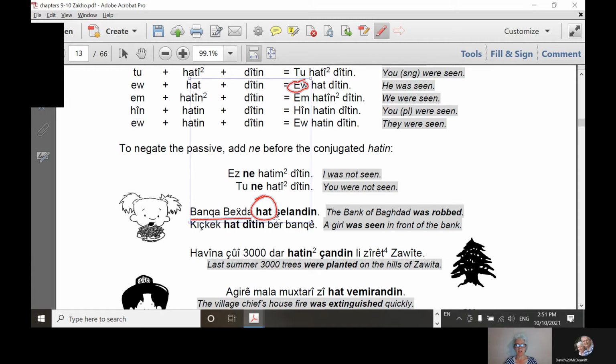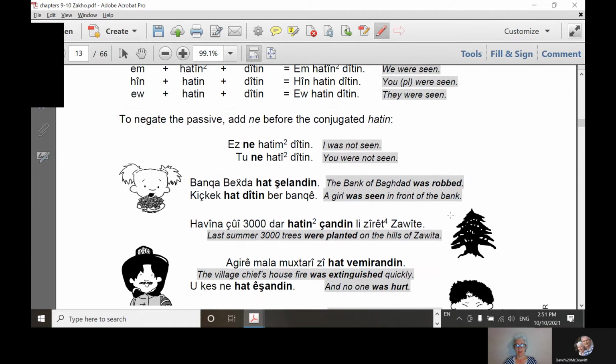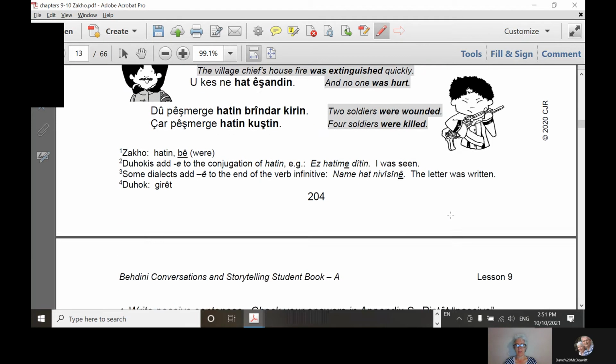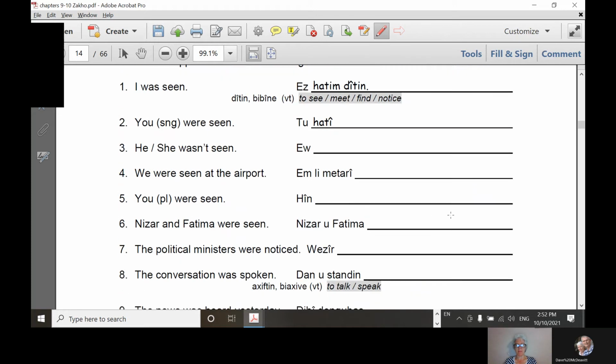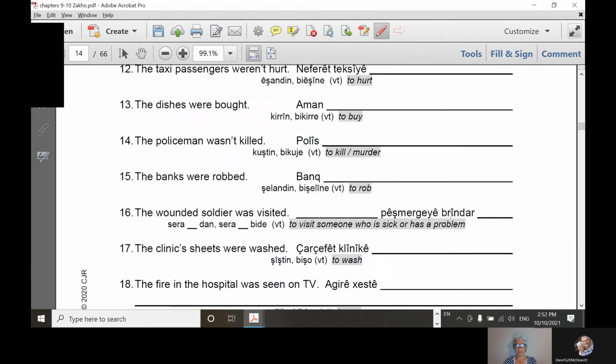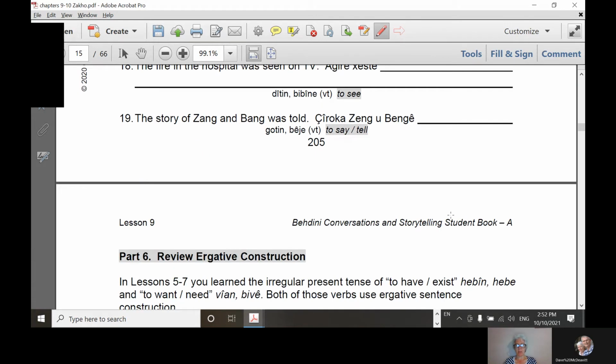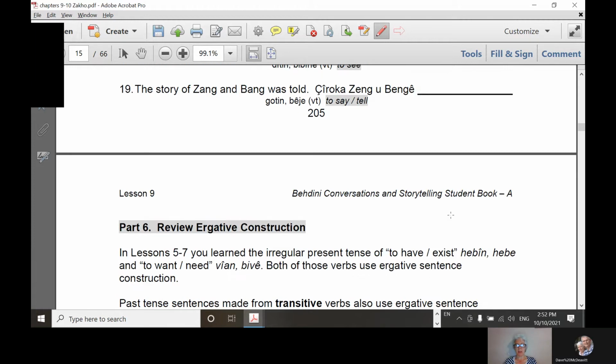And then Shalandin is the whole infinitive, which means to rob. You can look at these, think these through. On the next page, you write some. Check them in your answer key, please.